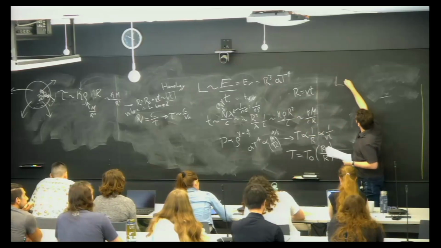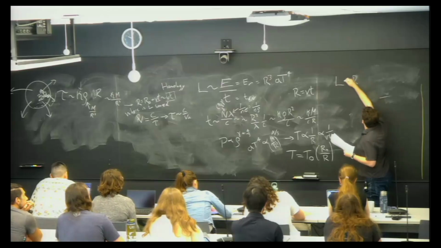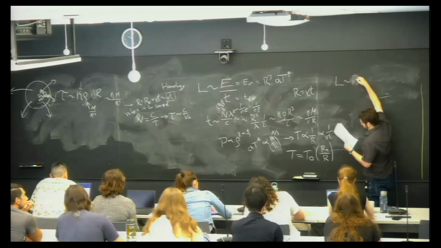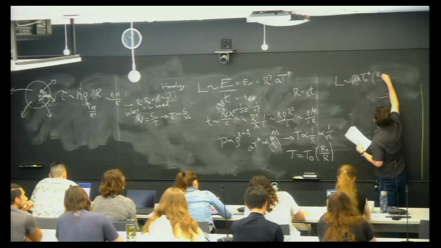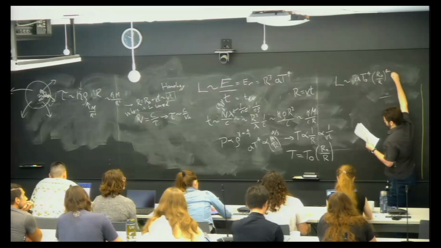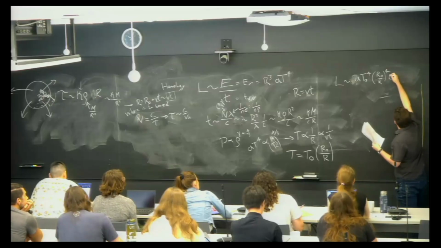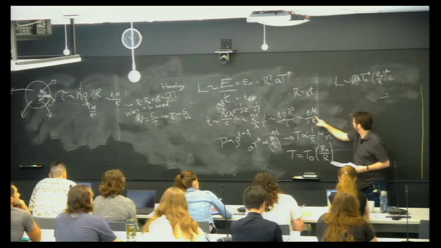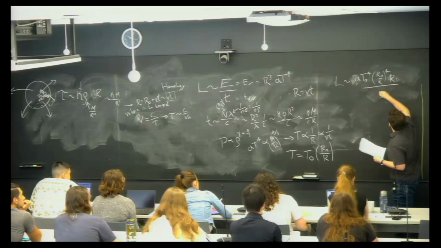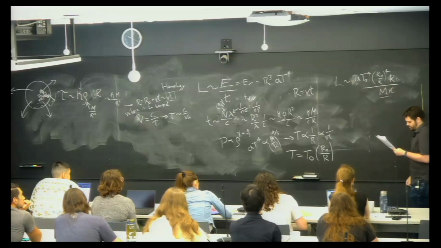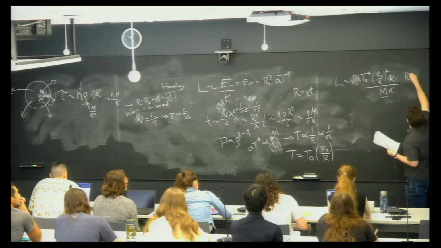We get that the luminosity goes like a T naught to the 4th, R naught over R to the 4th, times c. Now we'll divide by the diffusion time, so we'll get c over M kappa, and then multiply by the volume, 4/3 pi, which I'm just going to call R cubed.